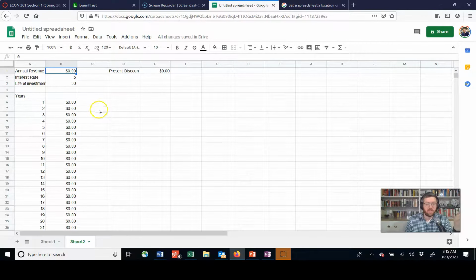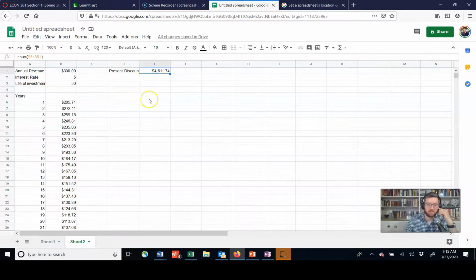So if I could save, I gave the example of solar panels that'll save me $300 a year, and they cost $6,000. Well, this says that the present value of that investment is actually only $4,600.